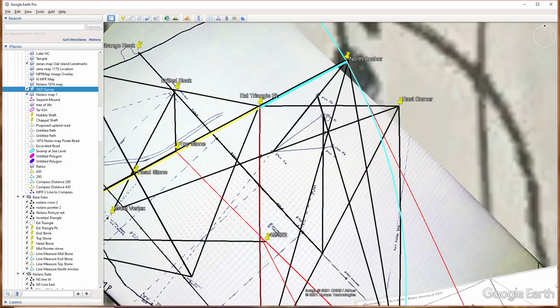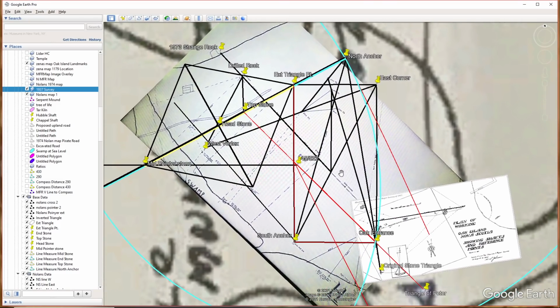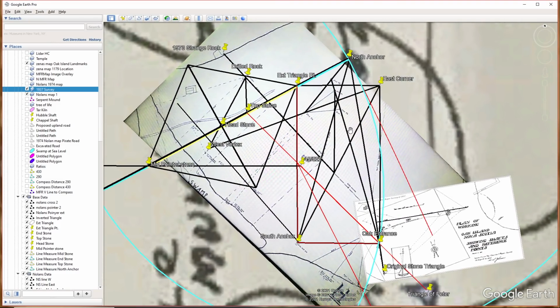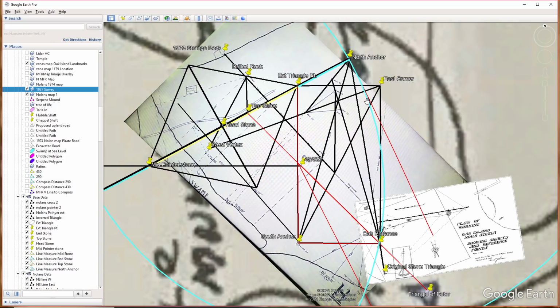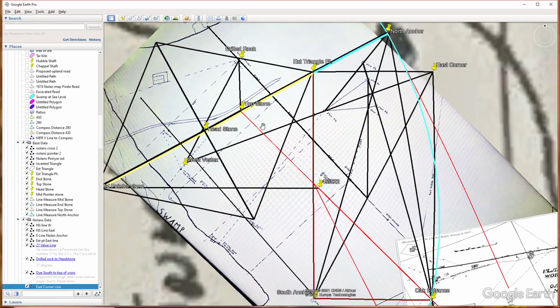These are all the stone piles that he surveyed, and some of these lines did not associate with anything in what we were doing with this theory here. This was most likely done before Nolan's Cross was discovered, because Nolan's Cross is nowhere to be found on here.